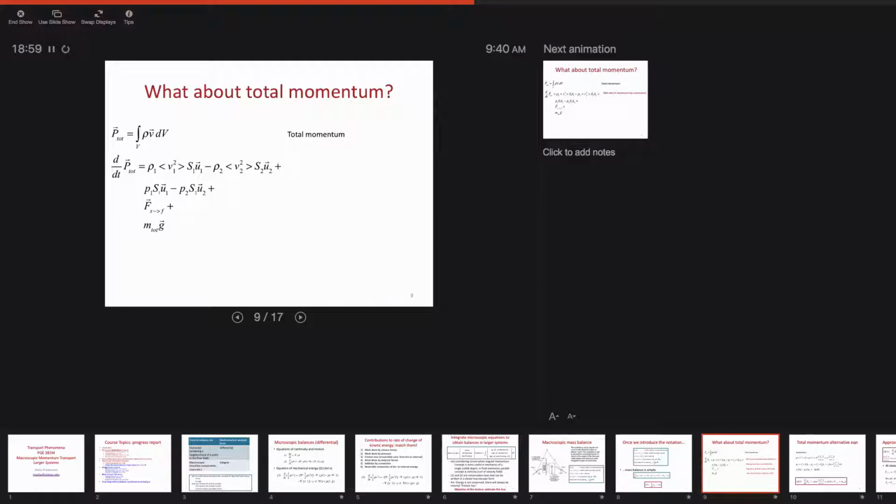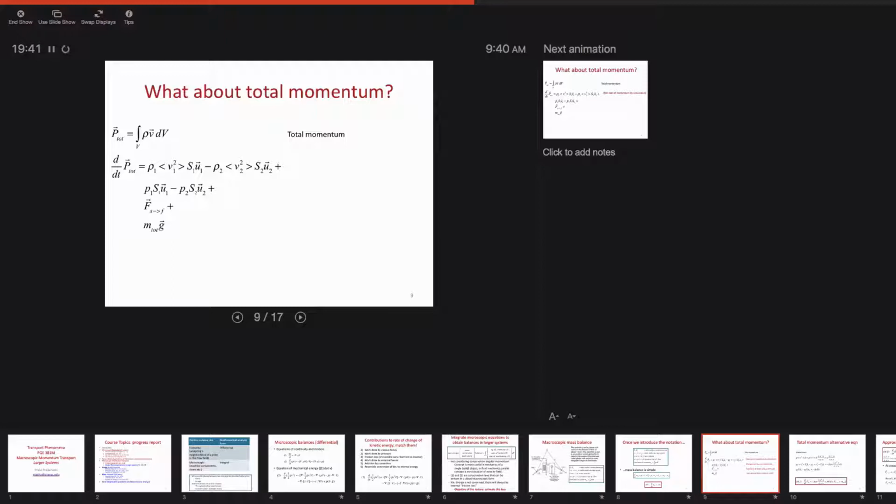Now, what about momentum? If I'm looking at the total momentum, it's the integral of rho v over my entire volume. Okay. So I would go to the equation of motion and integrate it. So if I integrate the d/dt of rho v, I can exchange integration and d/dt terms and get the d/dt of my total momentum, which is essentially convection, what flows in and out.